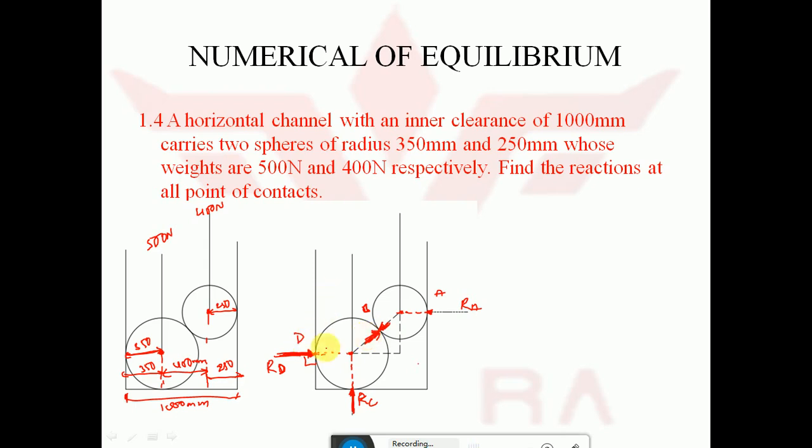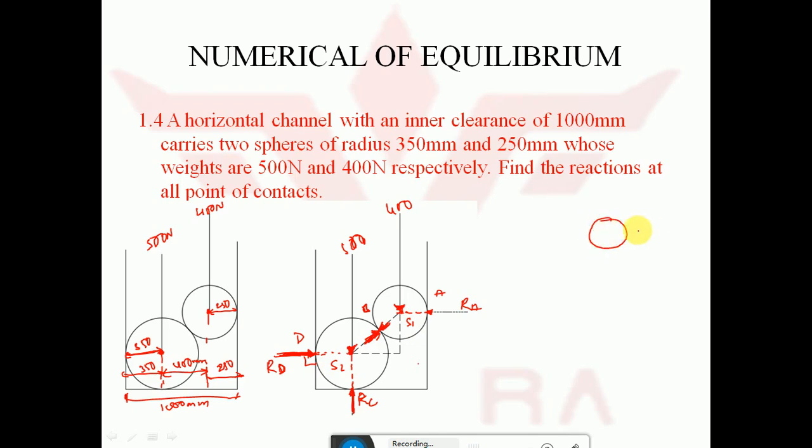Apart from that, the self weights are acting here, 400 and 500. If I name this sphere S1 and this sphere S2, I will take out this sphere S1 outside.